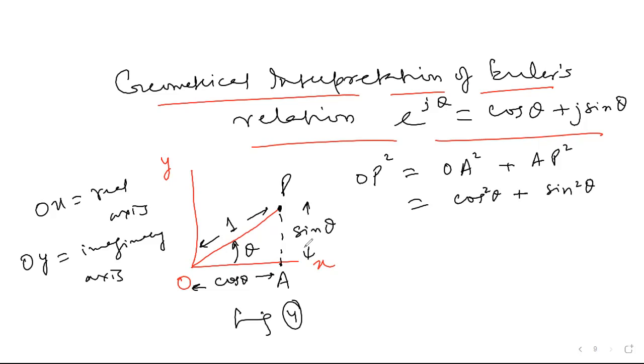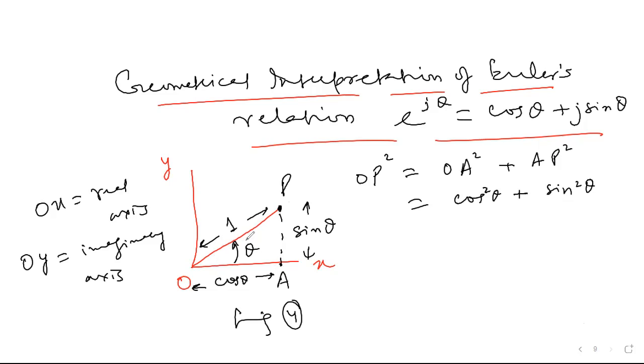And it makes angle theta with the x-axis as shown, right? This is how it is represented. So you can see, if you go to the vector representation of complex numbers, this vector OP has length 1.